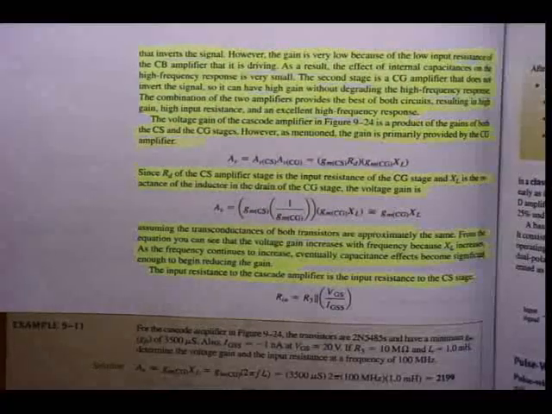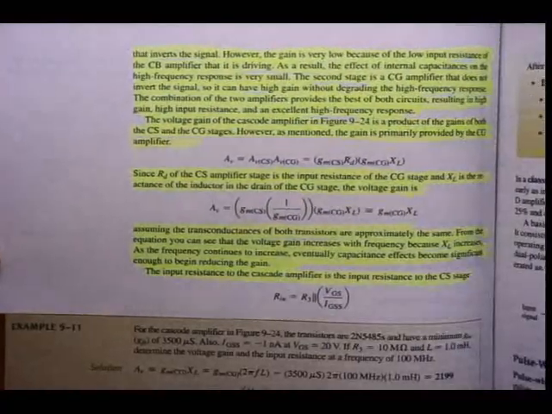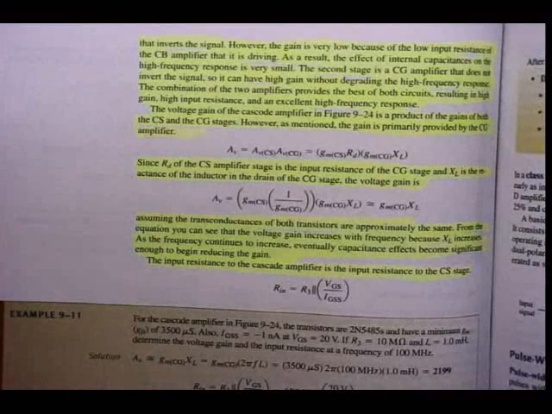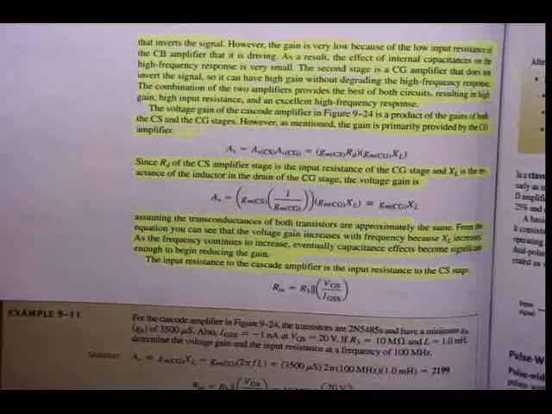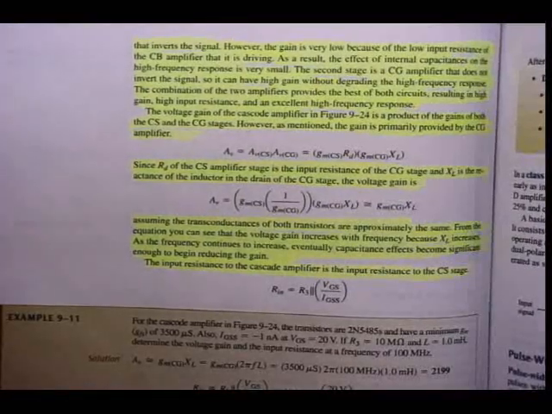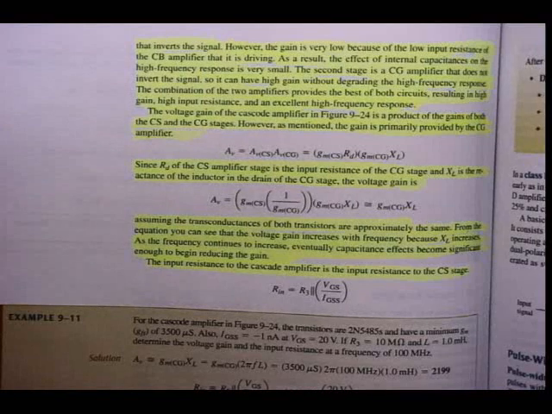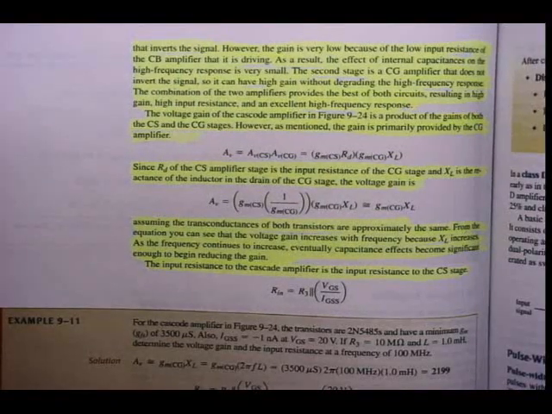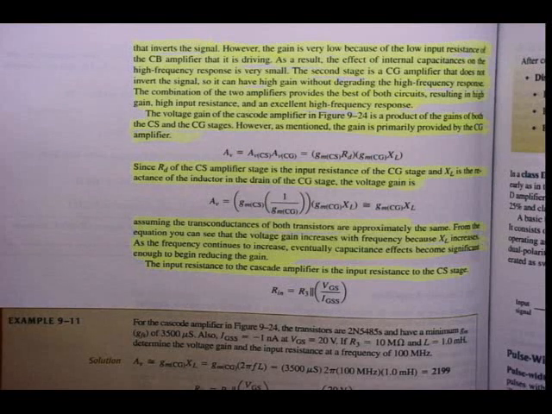However, the gain is very low because of the low input resistance of the common base amplifier that it is driving. As a result, the effect of internal capacitances on the high frequency response is very small. The second stage is a common gate amplifier that does not invert the signal, so it can have high gain without degrading high frequency response.